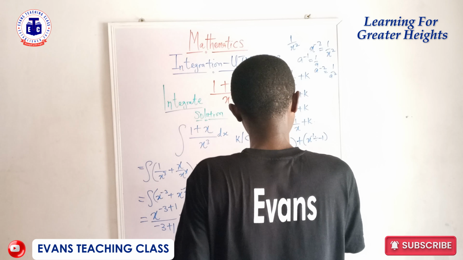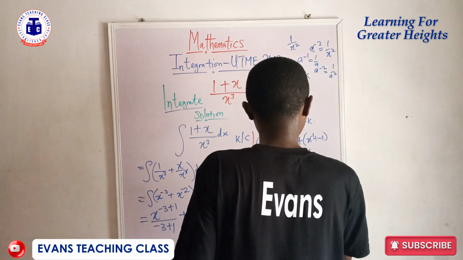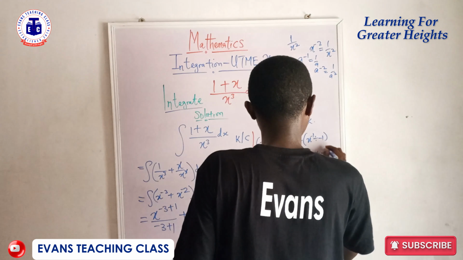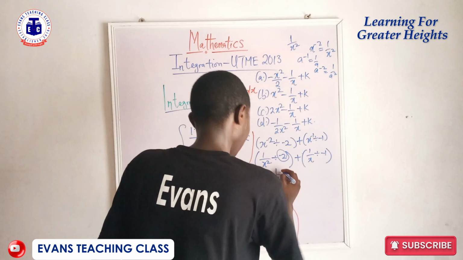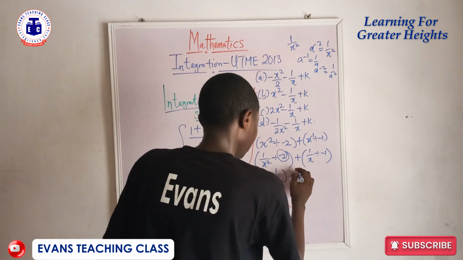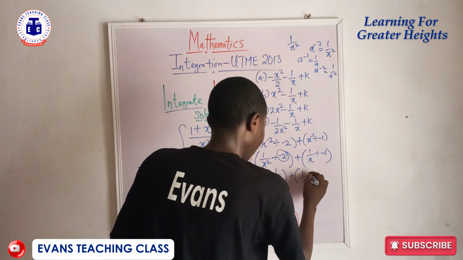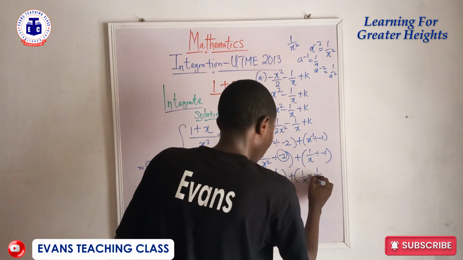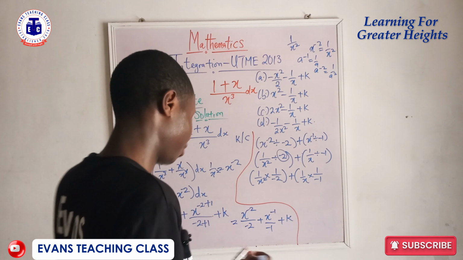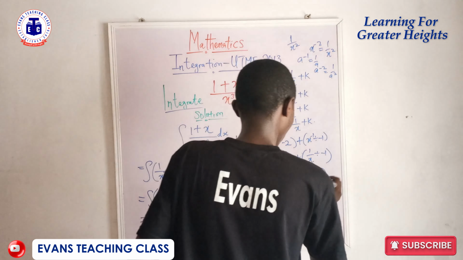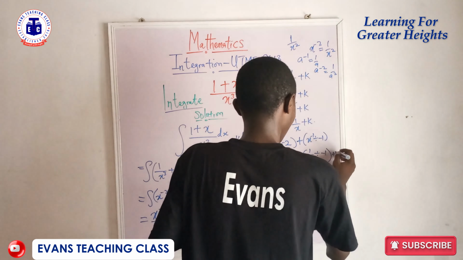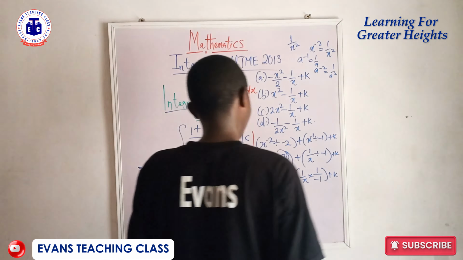Plus the same thing that I did here, it will now be 1 over x divided by minus 1. Do you understand? So I have 1 over x now, times 1 over minus 1. Do you understand? So that's what I'm doing. So don't forget we have plus k, plus k, plus k.